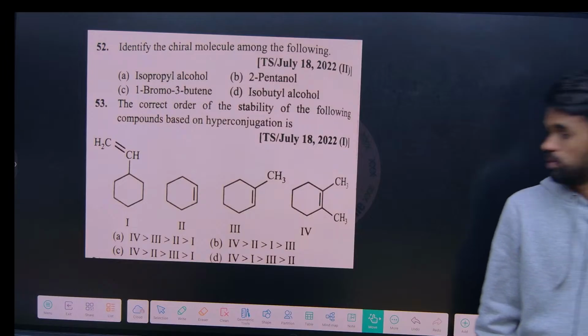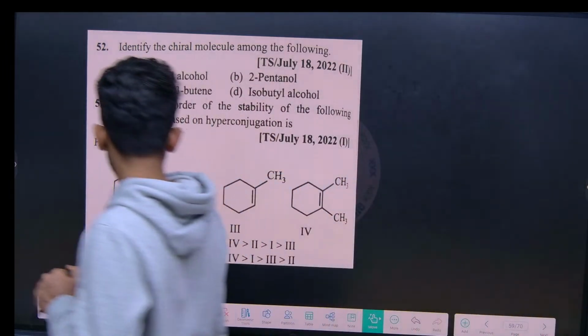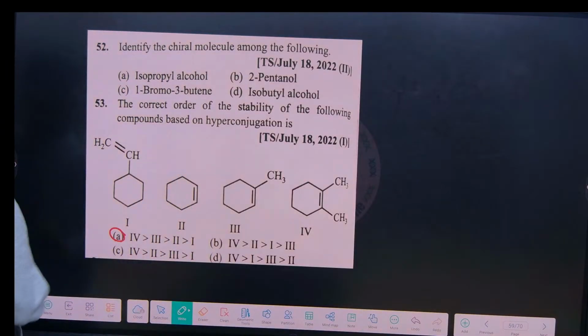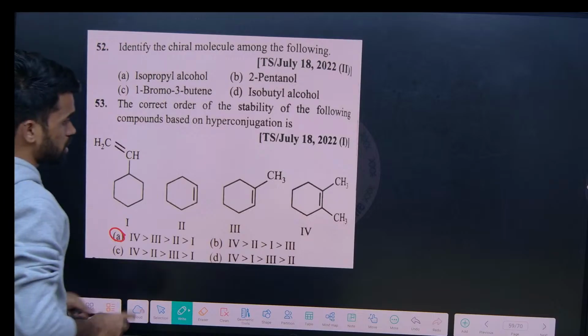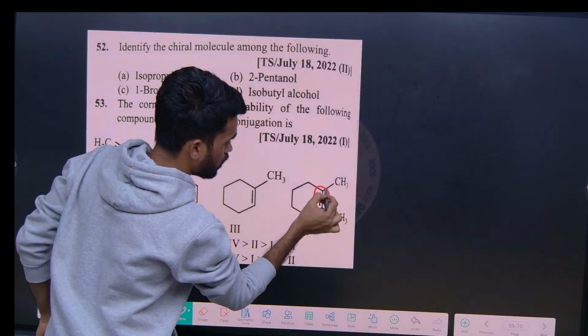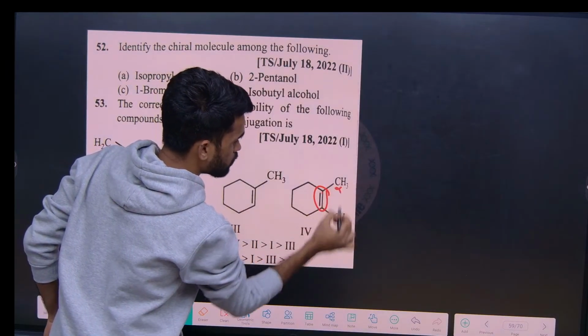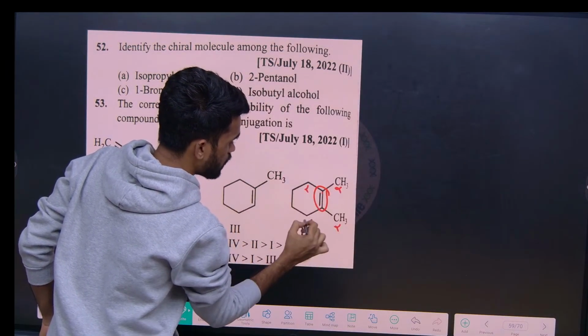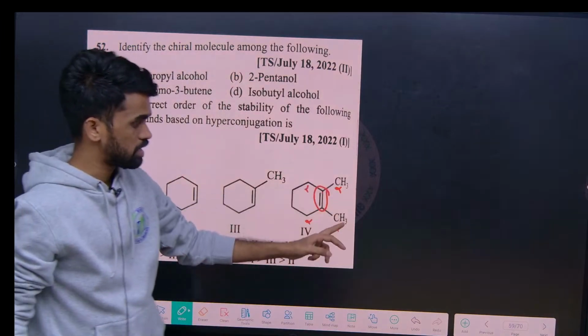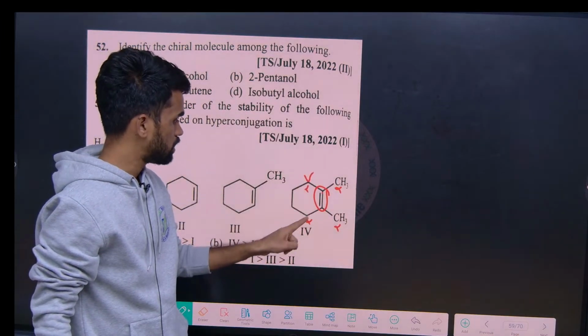Option 1. So how is it 1? You are saying this is more stable, that is the correct answer. Okay. So how is the stability of the following compounds based on hyperconjugation? See, we have the double bond carbons here. These adjacent carbons are these. Identify how many alpha hydrogens. 3 plus 3, 6, 7, 8, 9, 10.